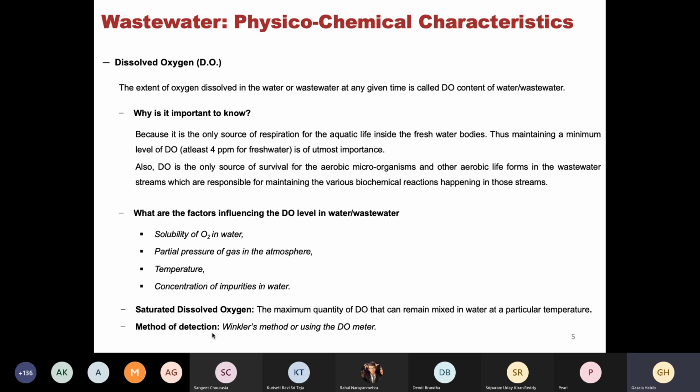At the last, H2SO4, sulfuric acid, is used so that O2 will produce nascent oxygen, and this nascent oxygen is responsible for converting potassium iodide to iodine. That change in color indicates how much dissolved oxygen is there.